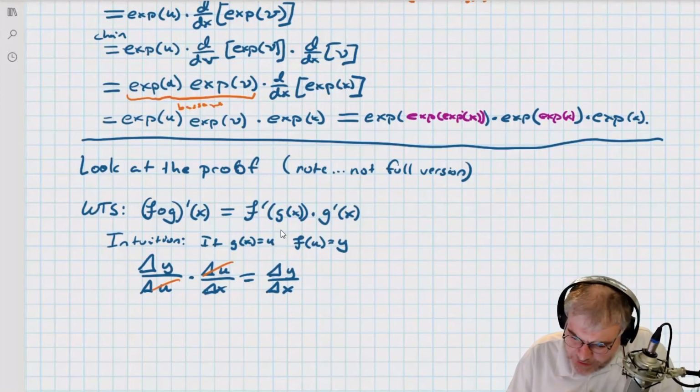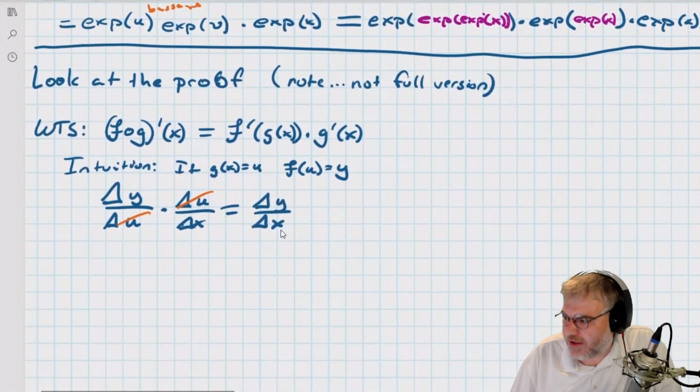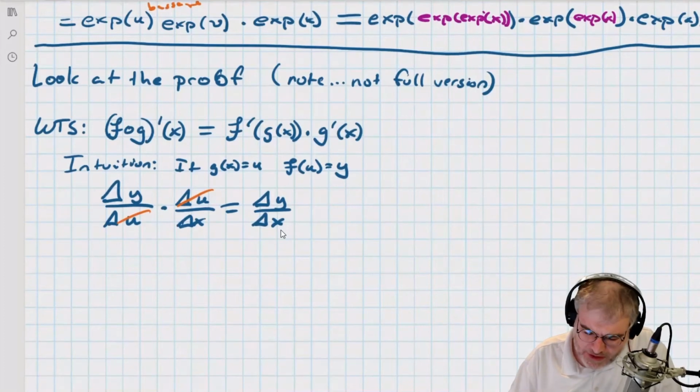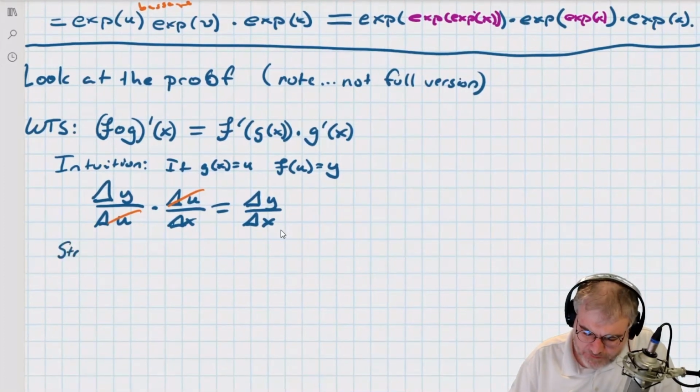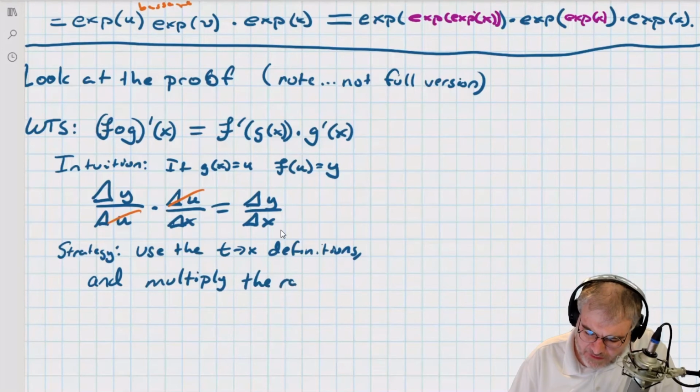Now my strategy for this proof, and this is the one place where I really need the t to x definition. It makes life so much happier. My strategy is going to be to use the t to x definitions and multiply the rabbit. Now, here's the rabbit.